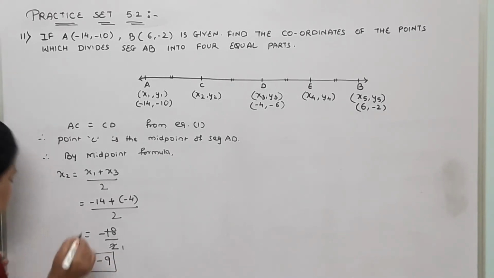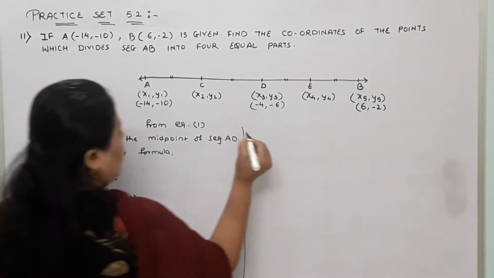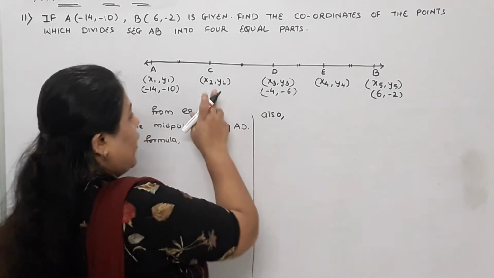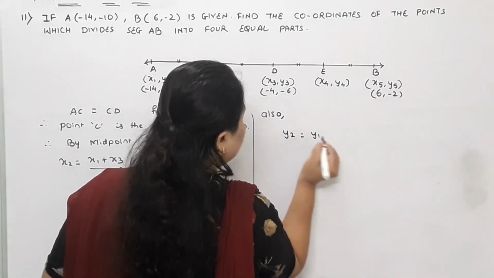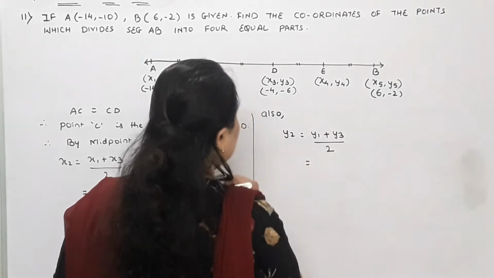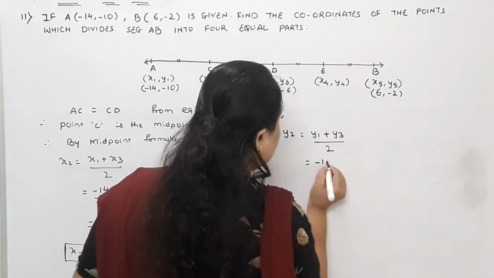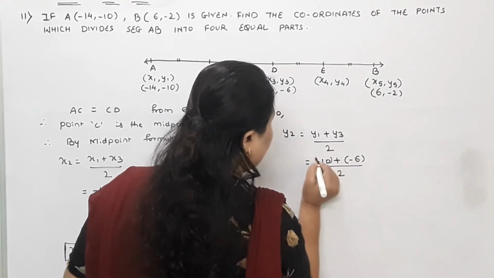Now we'll calculate the coordinates of y. Also, y2 equals (y1 plus y3) upon 2. So, what is y1? It is (-10 plus -6) upon 2. Right?